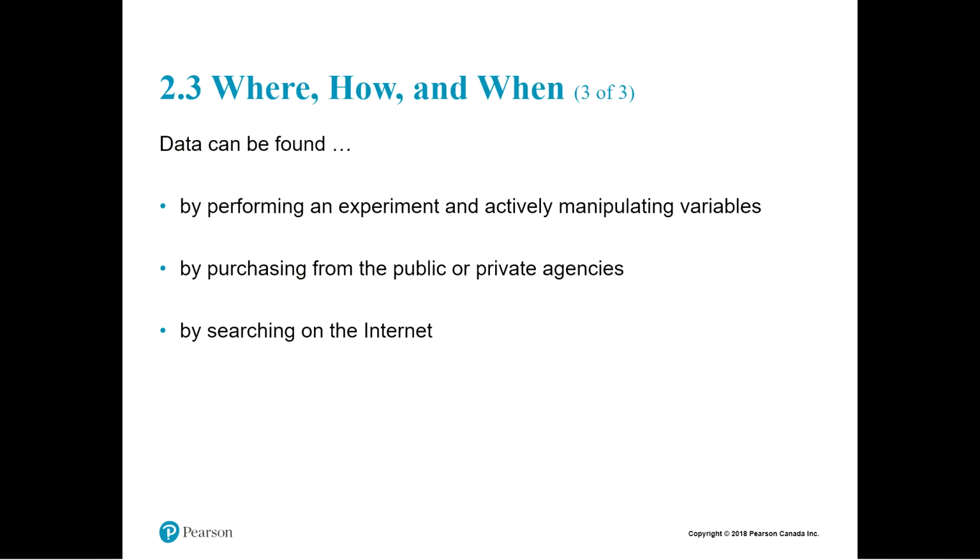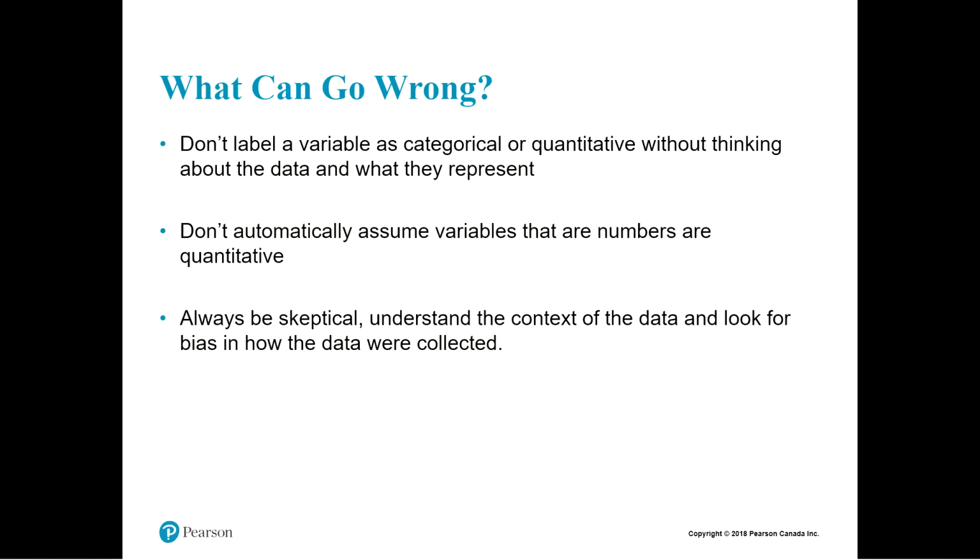Now, what can go wrong? Don't label a variable as categorical or quantitative without thinking about the data and what they represent. What are you going to use it for? Don't automatically assume variables that are numbers are also quantitative. We saw that before. Always be skeptical. In other words, always ask yourself a second question. Understand the context of the data and look for bias in how the data were collected.